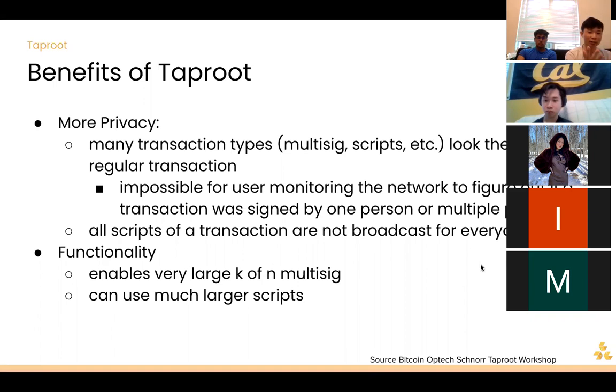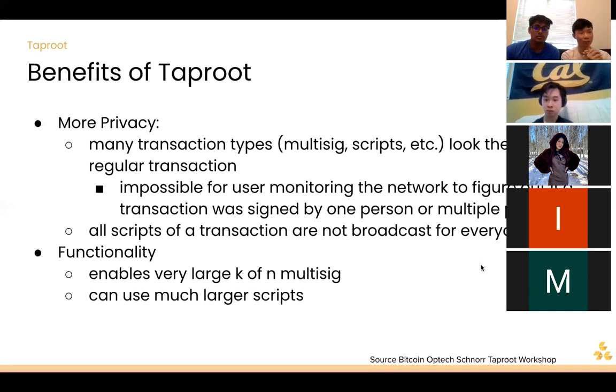In terms of functionality, because evaluating signatures is so much faster, we can now have much larger K-of-N multi-sig transactions. You might be wondering why this is useful. I can't really think of an example, but maybe an organization, or something like DAOs. DAOs, actually, that's a perfect example.